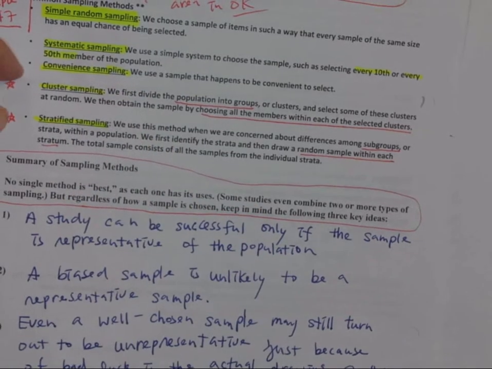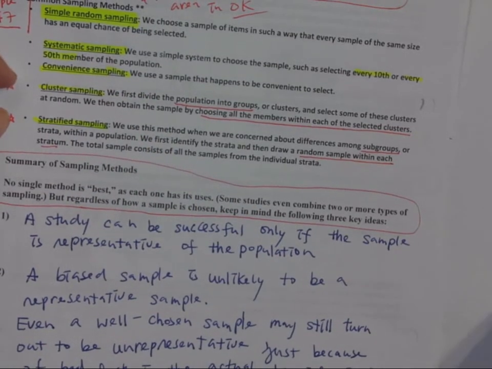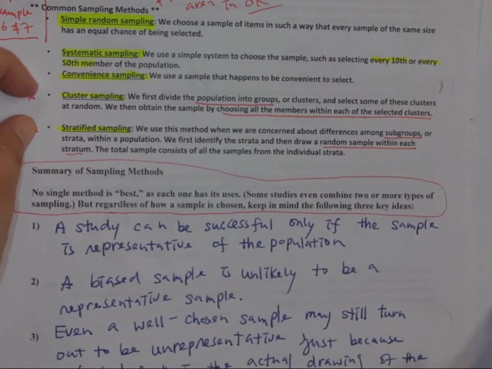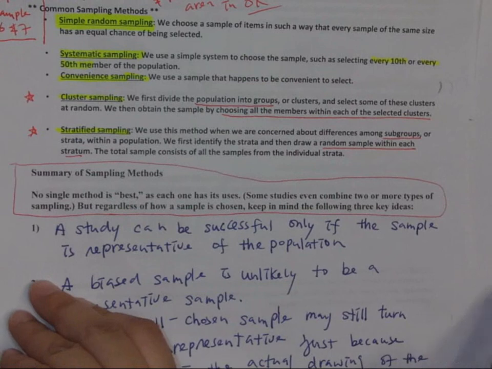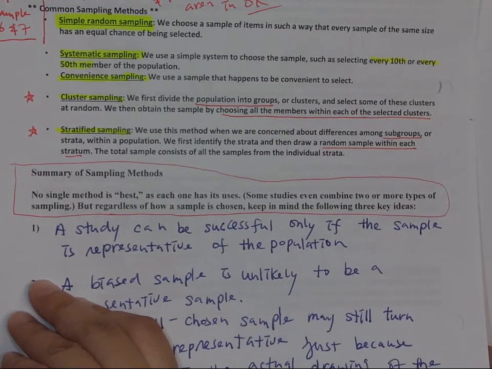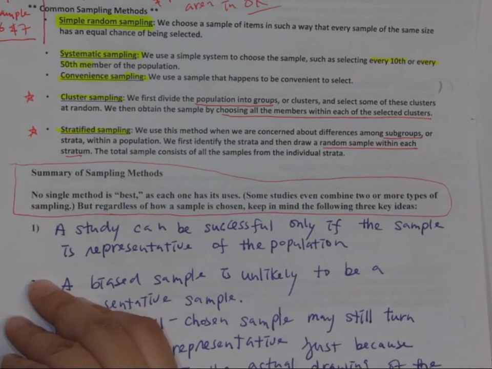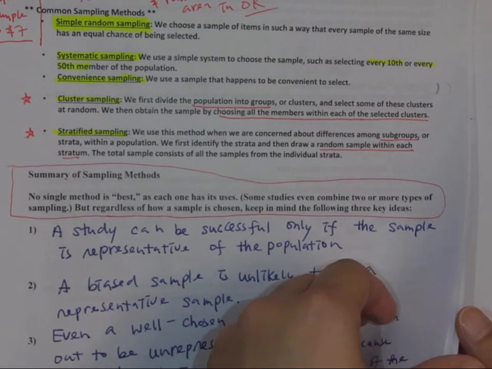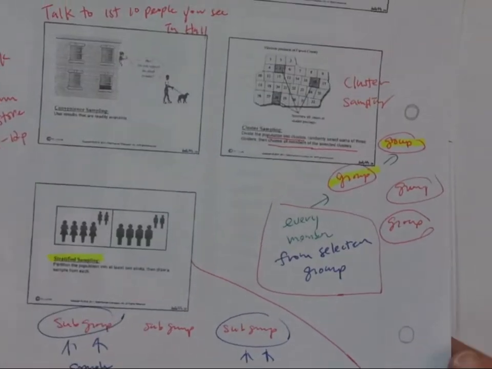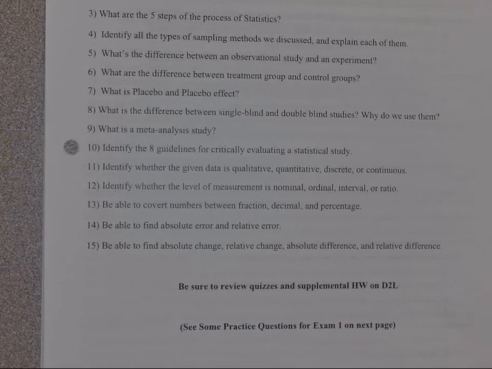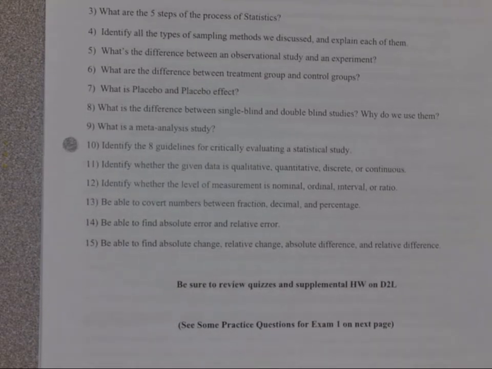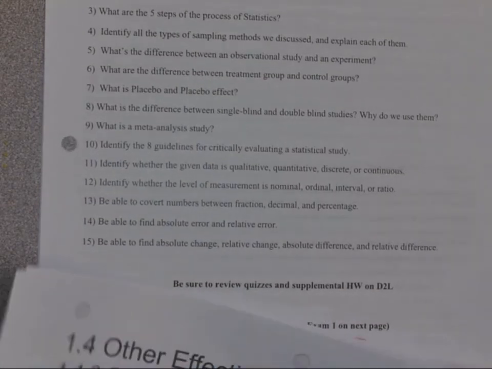Okay, the last two are the ones people get really confused about. Definitely would be on the test. One is cluster, one is stratified. So how are they different? In cluster, you have the big group and you divide them, and then you select all of the groups, because it's clustered together.